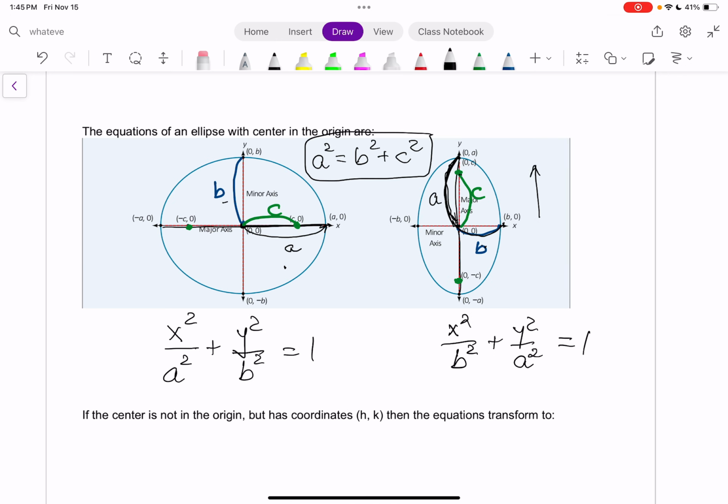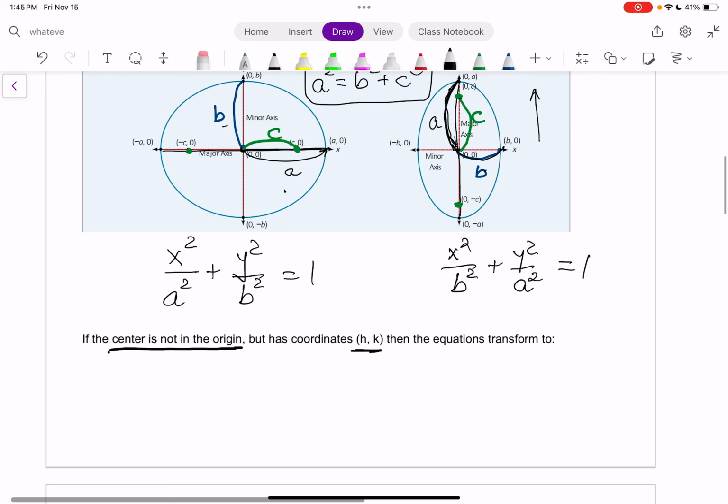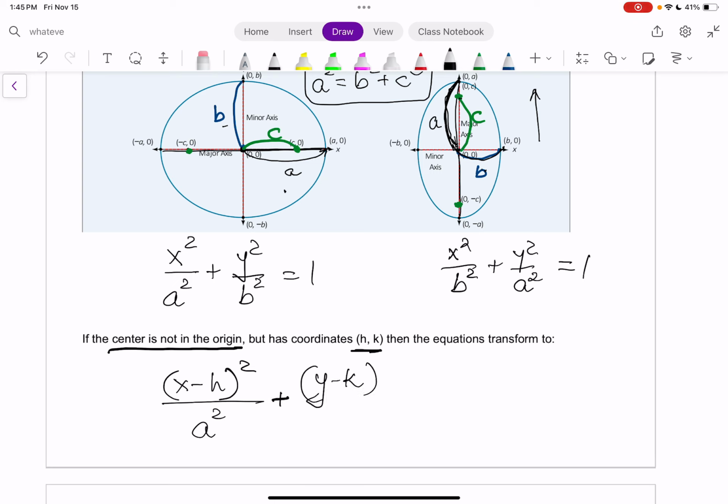Of course, if we do take the ellipse off the origin of the xy plane, so if the center is not at 0, 0, but has some coordinates h, k, just as in the situation of the circle that you've seen in 7.1, what we're going to do is subtract this h and this k from x and y.